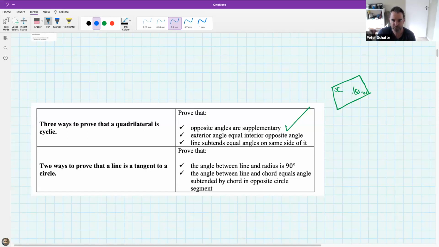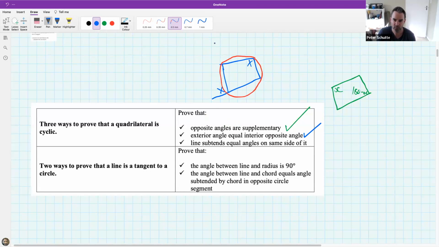The other way is if the exterior angle equals the interior opposite. So if you have a quadrilateral and an exterior angle, if the exterior angle is equal to the interior opposite, then we know it's a cyclic quad, that we can fit a circle through those 4 points.